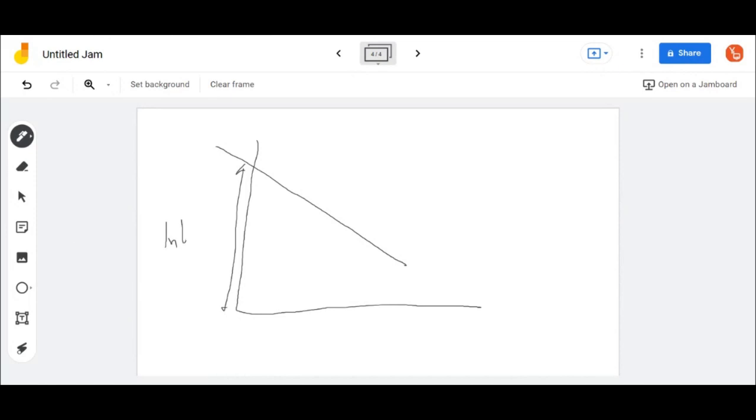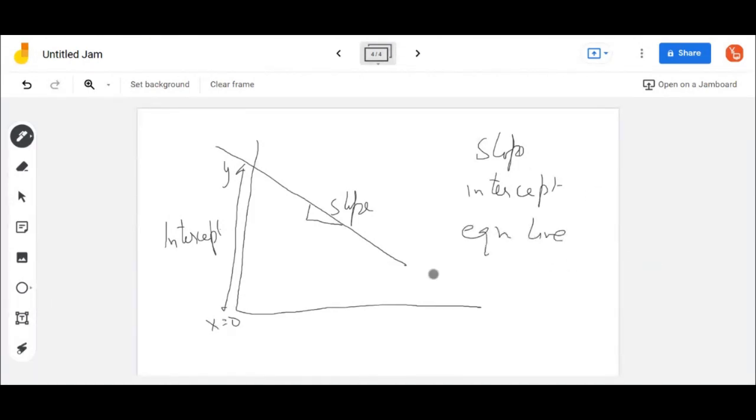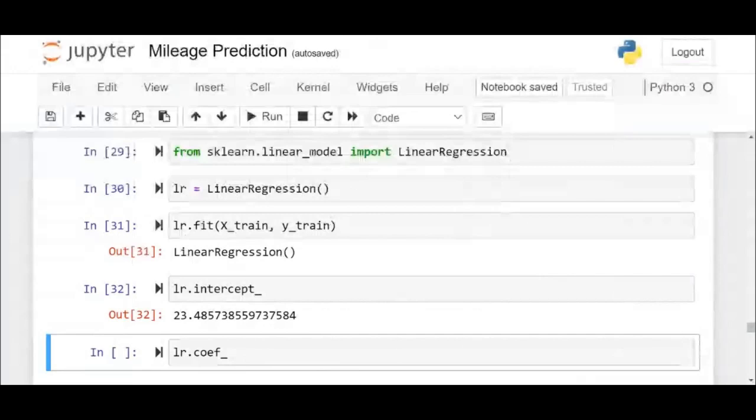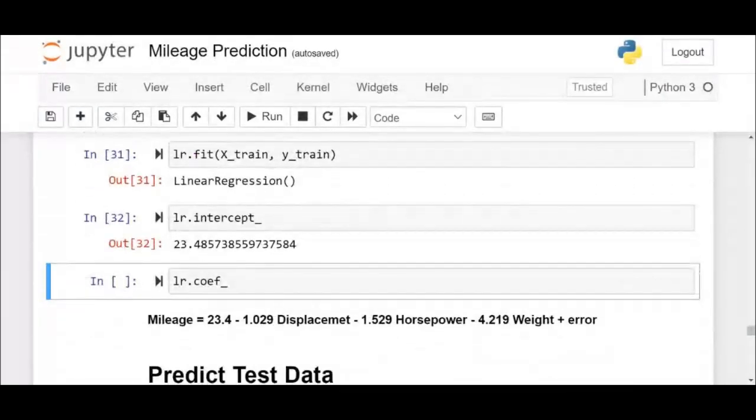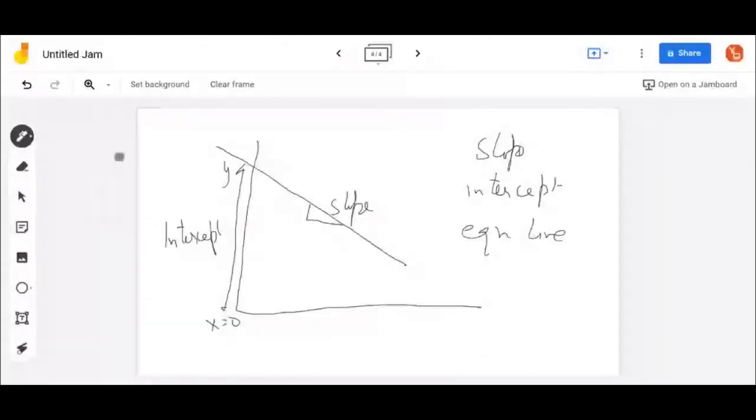This is the intercept, where x is equal to 0, what is the value of y. If we know the slope and intercept, then we can write the equation of our line, or the equation of our linear regression. So the intercept is 23.48. What does it mean? It means that the value here is 23.48.